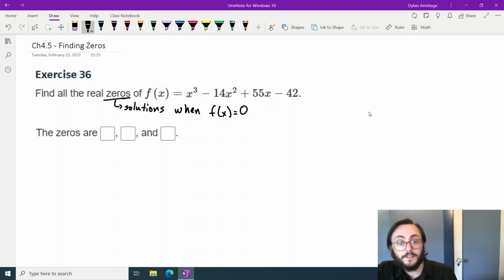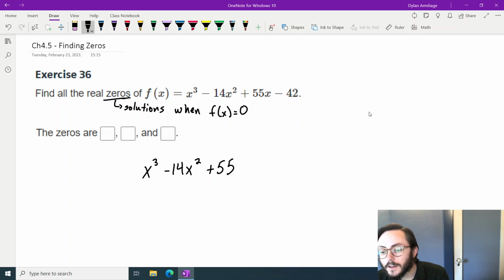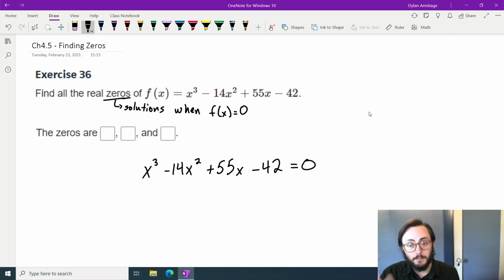So when this function, this polynomial, equals 0, we need to say x cubed minus 14x squared plus 55x minus 42 equals 0. Now, what values of x make this true? I don't know. Do you? Well, let's find out.